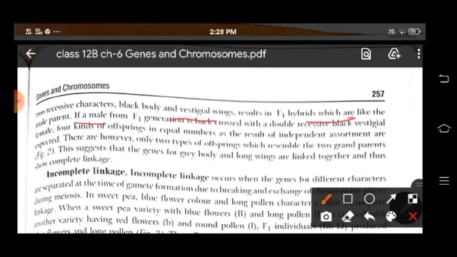If a male from the F1 generation is back-crossed with a double recessive black vestigial female, then instead of four kinds of offspring in equal numbers as a result of independent assortment, only two types of offspring resembling the two grandparents are produced. This suggests that the genes for grey body and long wings are linked together and show complete linkage.